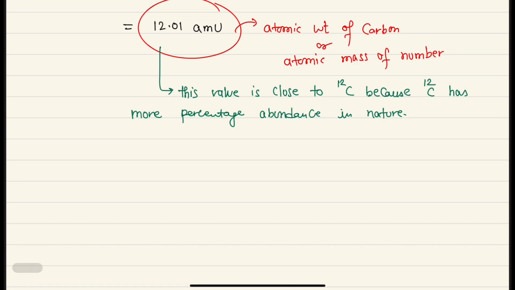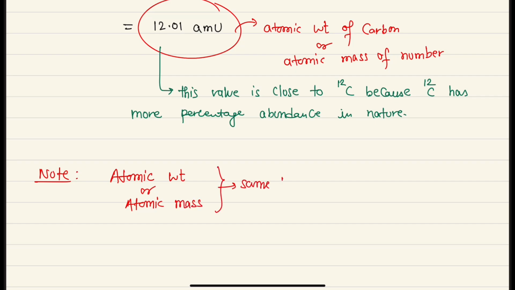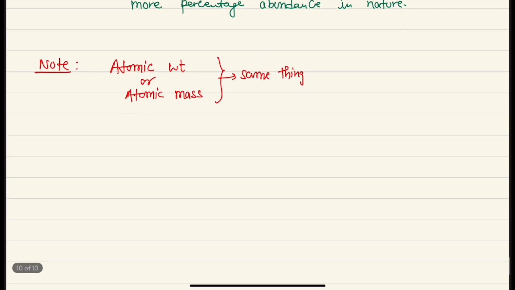Okay. Like that, we have many examples of isotopes. But be clear, write it again, note: atomic weight or atomic mass, these are both the same thing, but atomic mass and mass number, this one, both are different things.